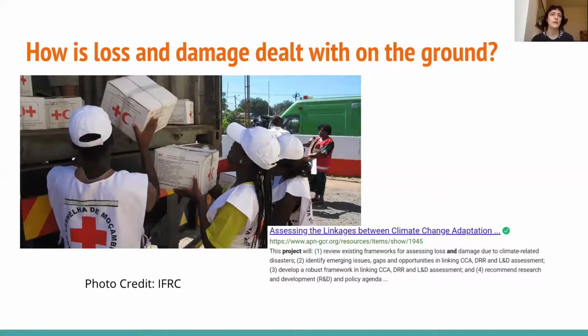So I think there's a lot to be done in terms of specifically improving the disaster response to loss and damage. But I think it's notable that loss and damage isn't really currently dealt with on the ground using the tools or mechanisms from the United Nations climate framework.